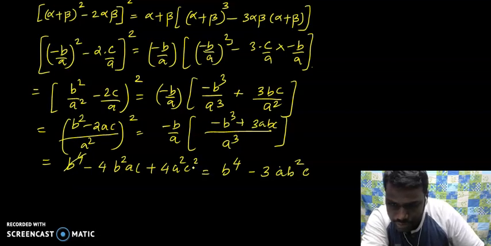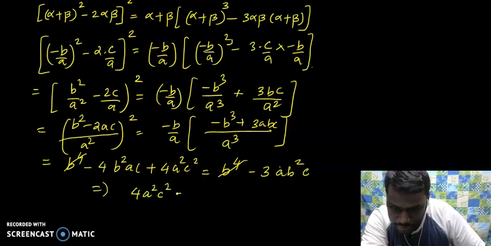b raised to 4 cancel each other and we will get 4a squared c squared is equal to minus 3ab squared c, and this becomes plus 4ab squared c, so it is ab squared c.